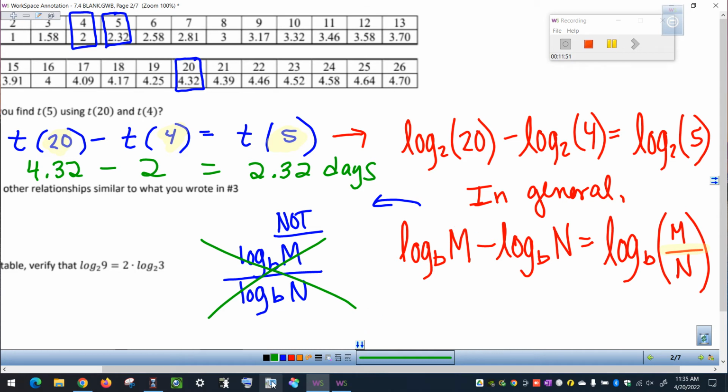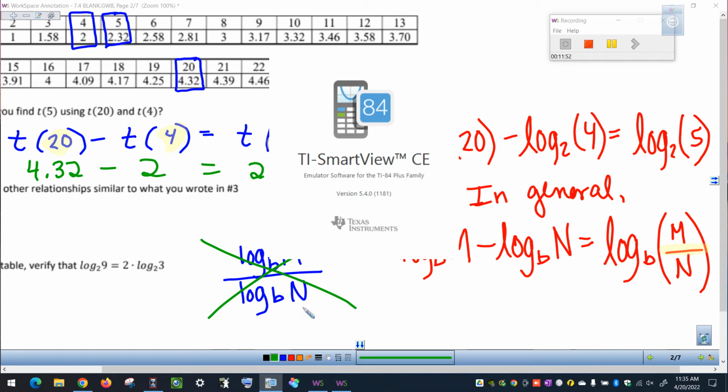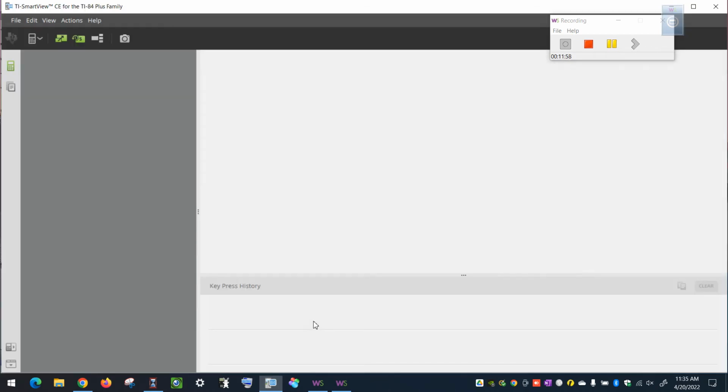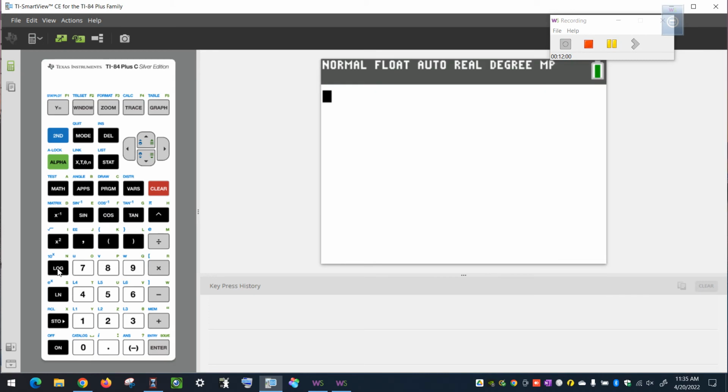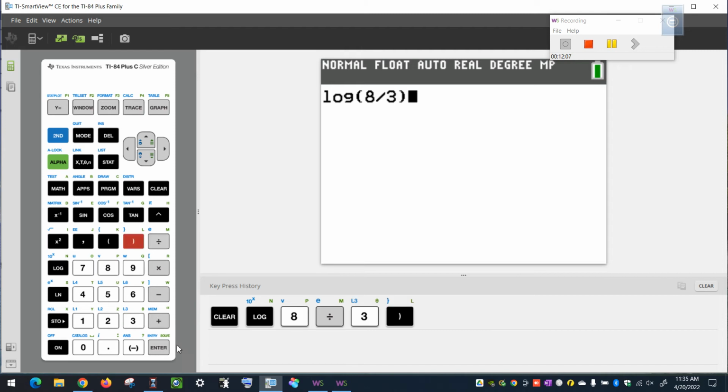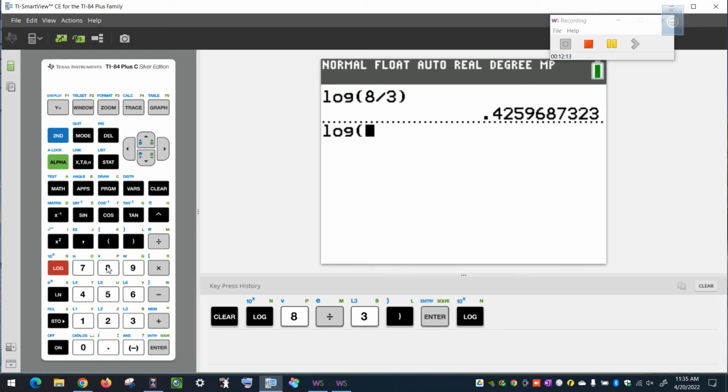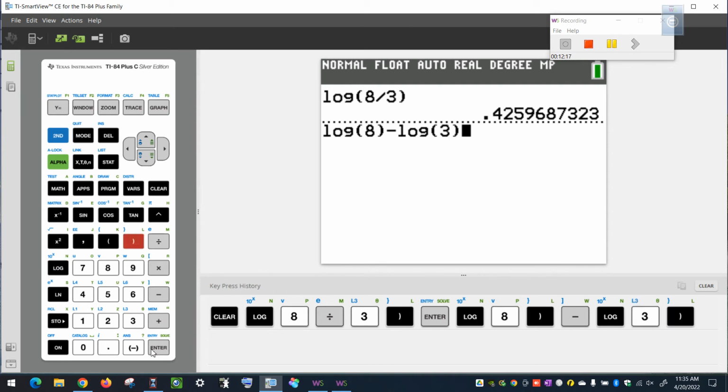In fact, I'm going to show you an example here on the calculator for why that does not work. So if I were to find my log key here, I'm just going to make up some numbers. All I get is going to work out as a decimal. So I'm going to do log of 8 divided by 3. Now notice how if I do log 8 minus log 3 using my property, it equals exactly the same thing.